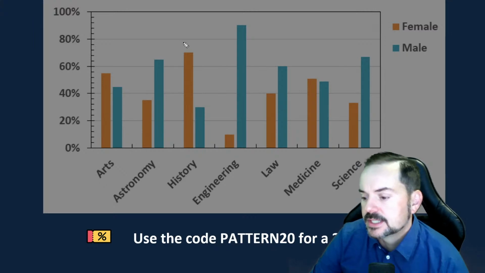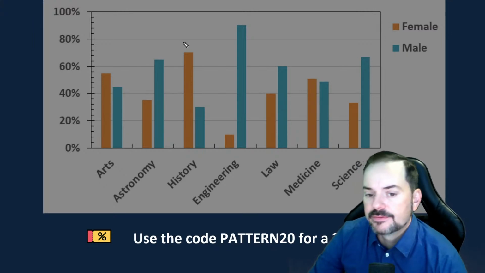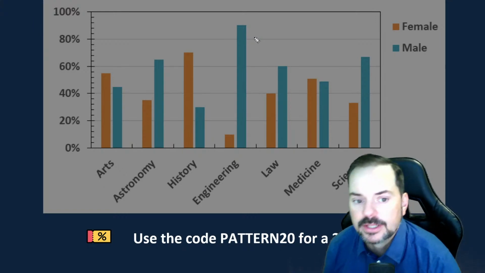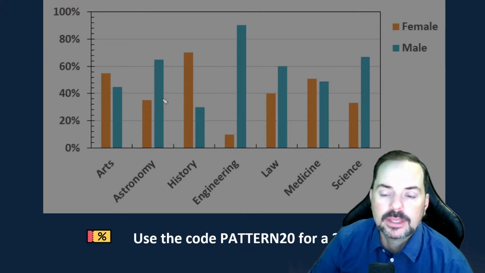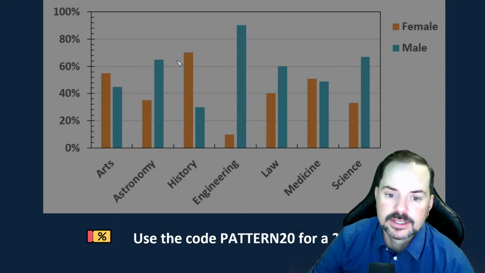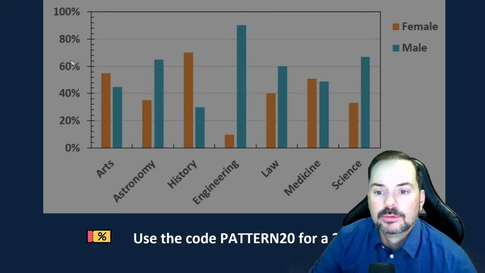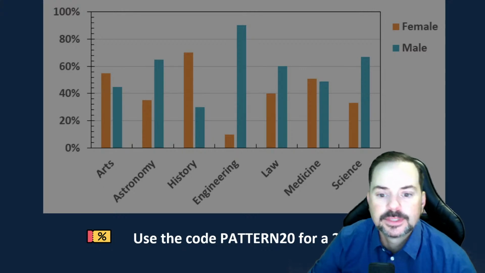So Dewey says, the engineering has the greatest difference in the proportion of men and women. Yes, that's true, Dewey, but we have some other information here that I think is even more interesting than just the biggest difference, or the smallest difference, all right? Let's see if you can figure that out, okay?